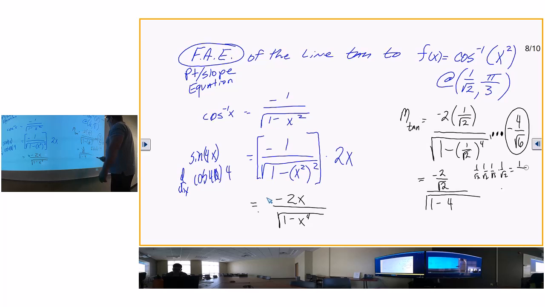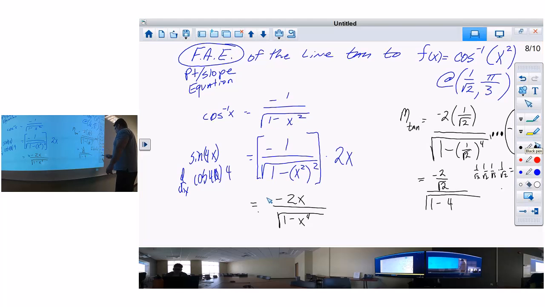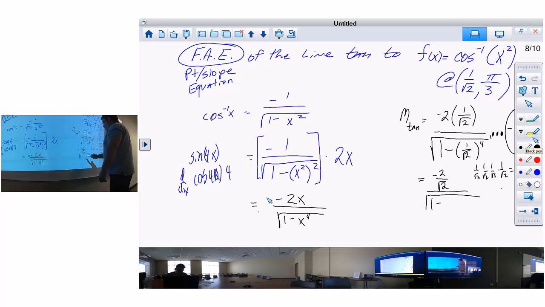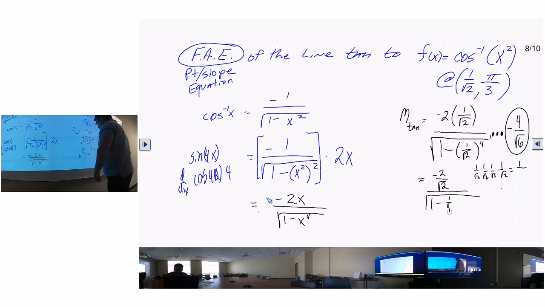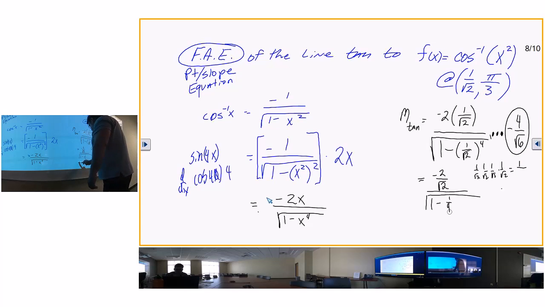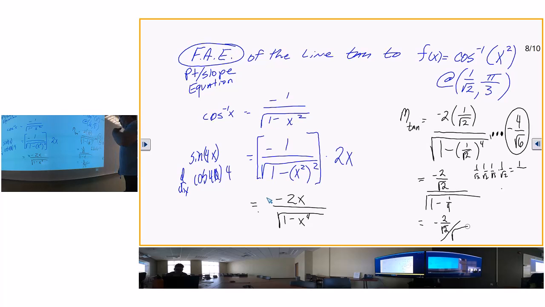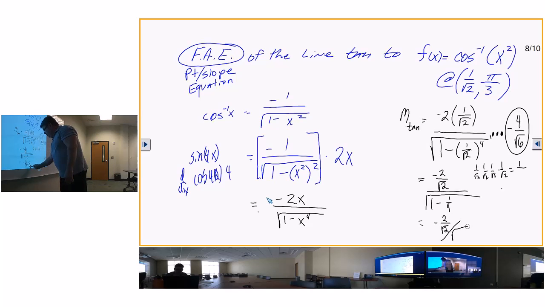Okay, 1/4, not 4, 1/4, I'm sorry. 1 over 4. I don't know why I'm not using my notes, I never do. Anyway, equals negative 2 over the square root of 2 over the square root of, what is 4/4 minus 1/4? Be 3/4?